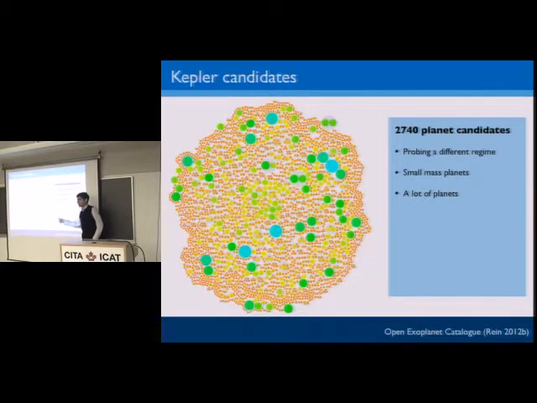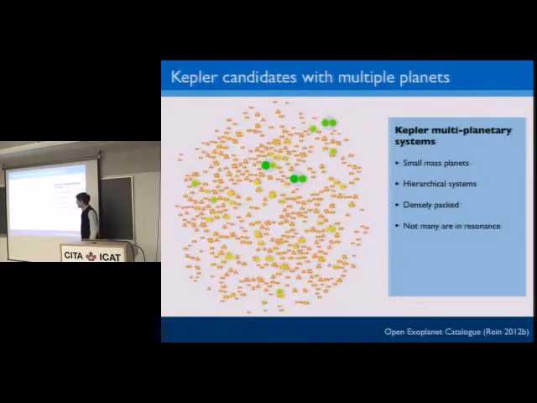So I'm going to look at this sample too, and I'm again looking at the multi-planetary systems, and that's the subset that looks like this. Most of these multi-planetary systems discovered by Kepler are densely packed, small mass systems in close-in orbits, something very different from the radial velocity survey.